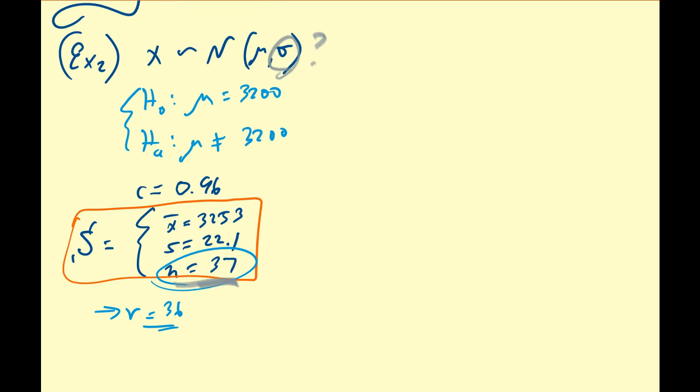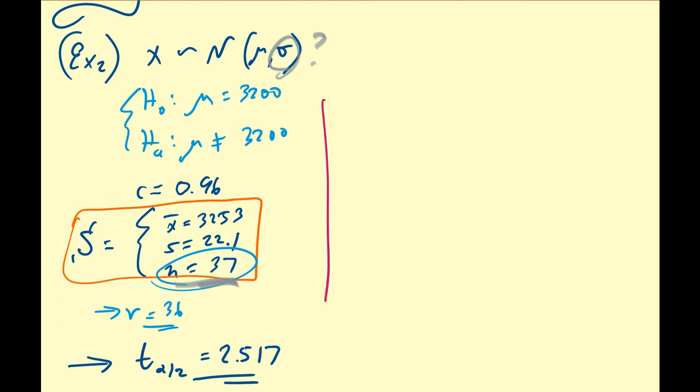With that being said, I leave it to you to verify that the critical value t alpha over 2 is going to be 2.517. From there you can calculate your confidence interval and then conduct your hypothesis test.